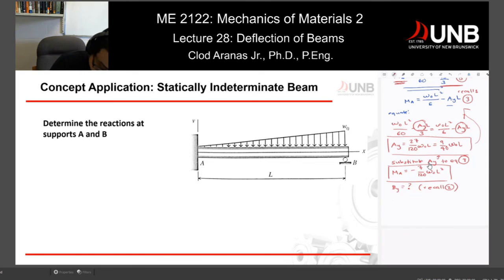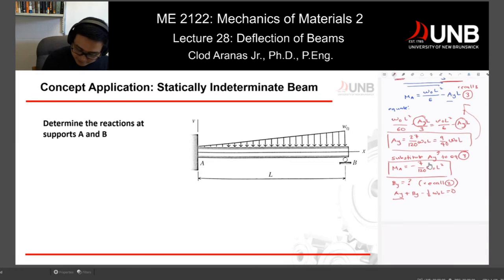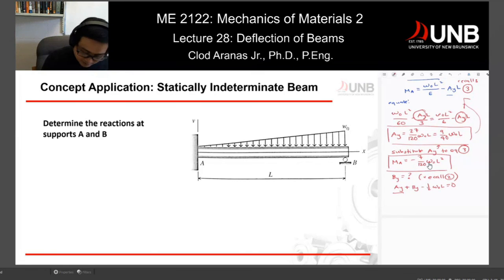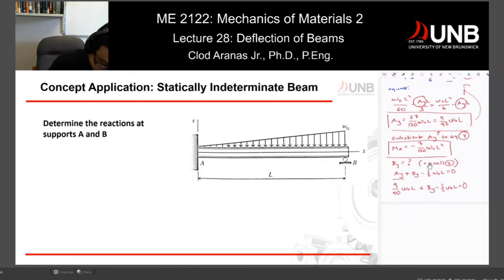So if I recall number 2, that's A_y plus B_y minus 1/2 W naught L, and that's equivalent to 0. I can substitute my A sub y, and let's do this slowly: 9 over 40 W naught L plus B sub y minus 1/2 W naught L is equal to 0. And that would give me a value of B_y equal to 11 over 40 W naught L.